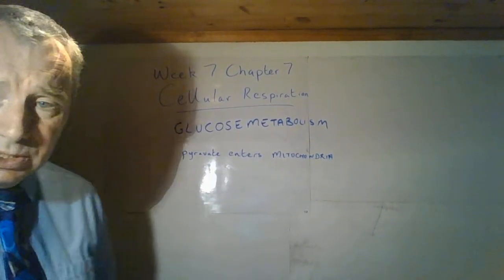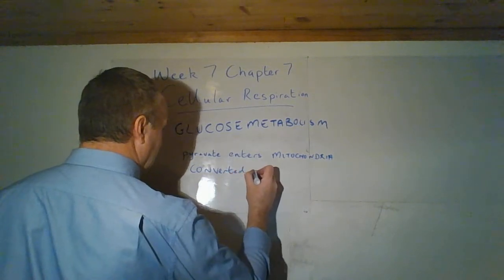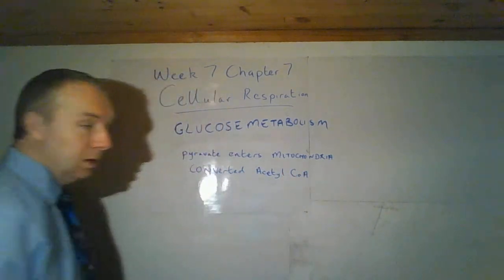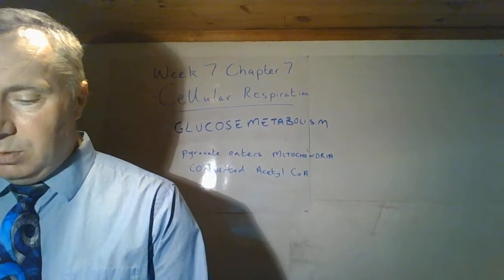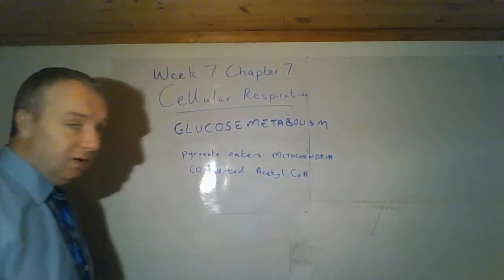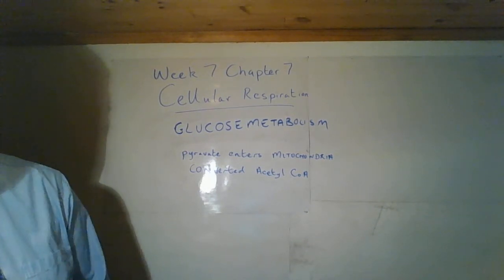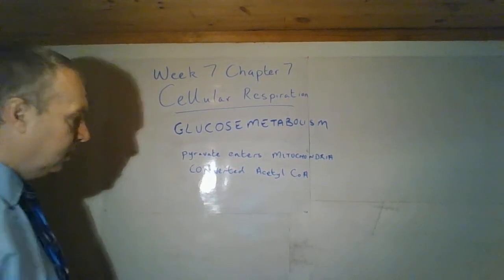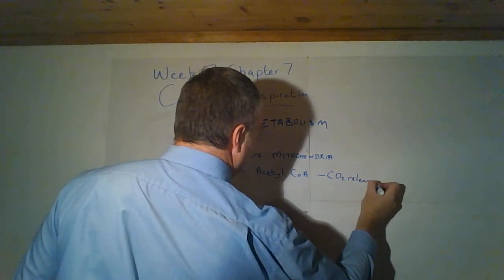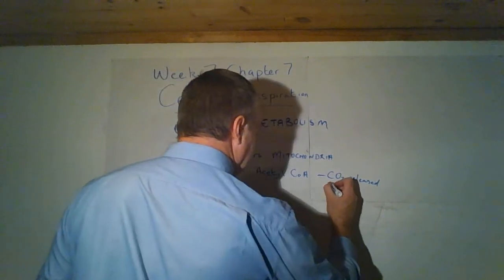and it is converted first into a thing called acetyl CoA, and once it becomes acetyl CoA, we have some production of stuff here, and what happens is we get CO2 released, and an NADH is produced.